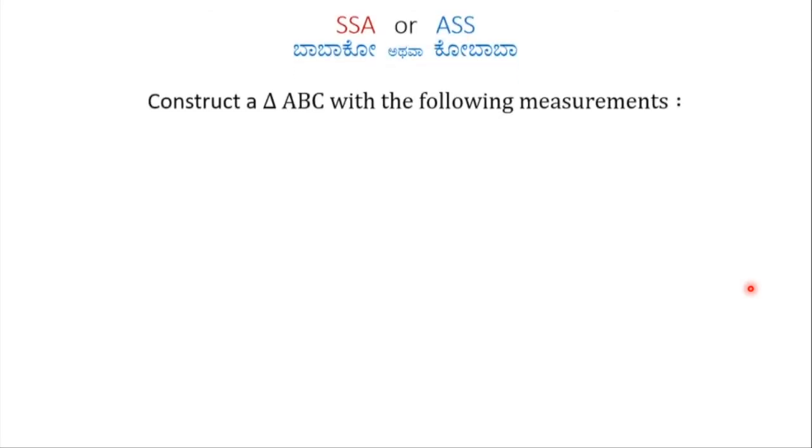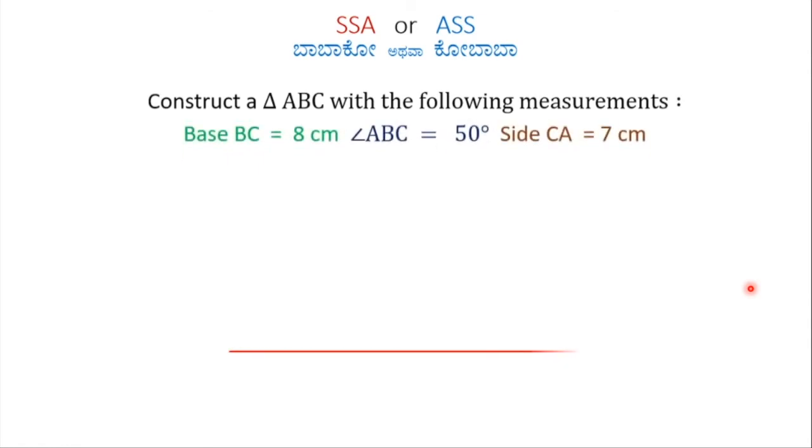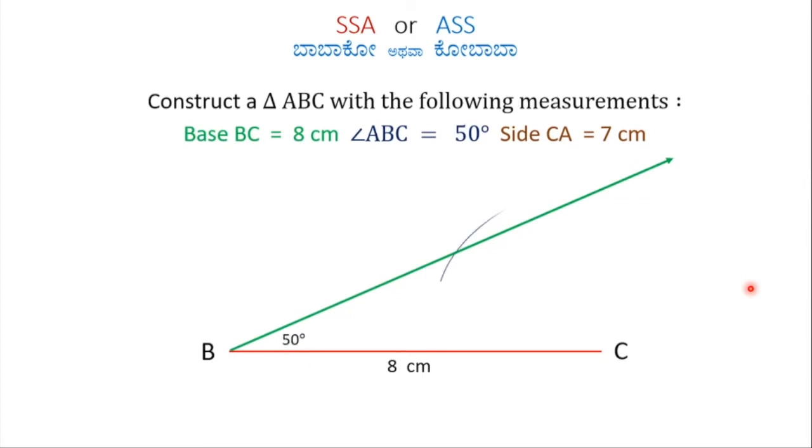Okay. So construct triangle ABC with the following measurements. The base is given as 8 centimeter, angle B is given as 50 degrees, and CA is given as 7 centimeter. With C as center and 7 centimeters as radius, we have to cut an arc like this. No doubt it will cut this ray at two distinct points. Let us label them as A only.